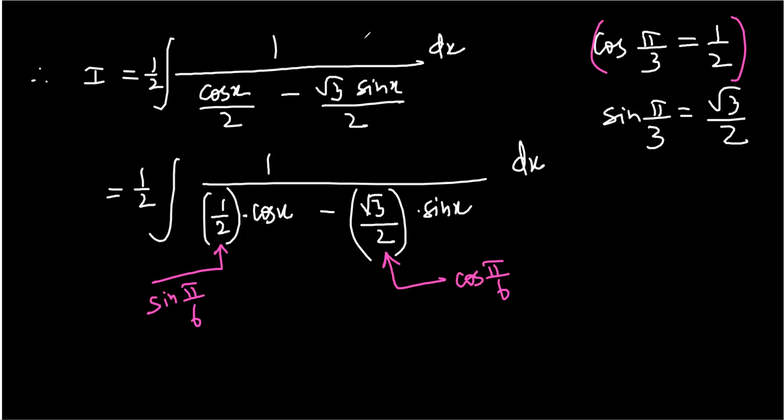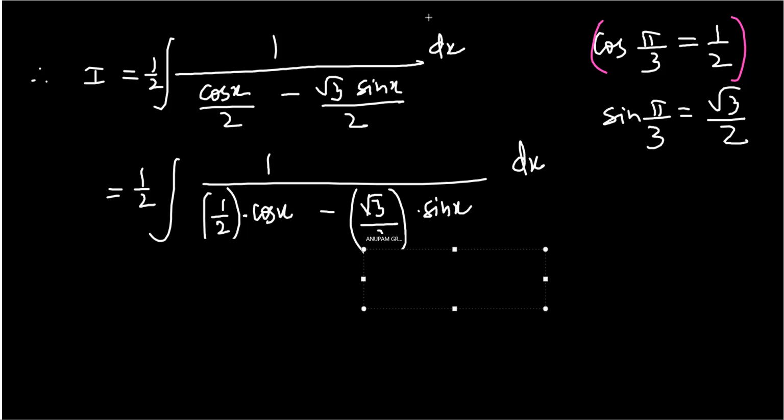But let me tell you students, I always prefer to take the constant which I have with cos as cos. So with cos x I have 1 by 2, and I prefer to take that as cos pi by 3. Something multiplied to cos x, I will always take as cos of some angle. So 1 by 2 is cos pi by 3, and this will be sine pi by 3.